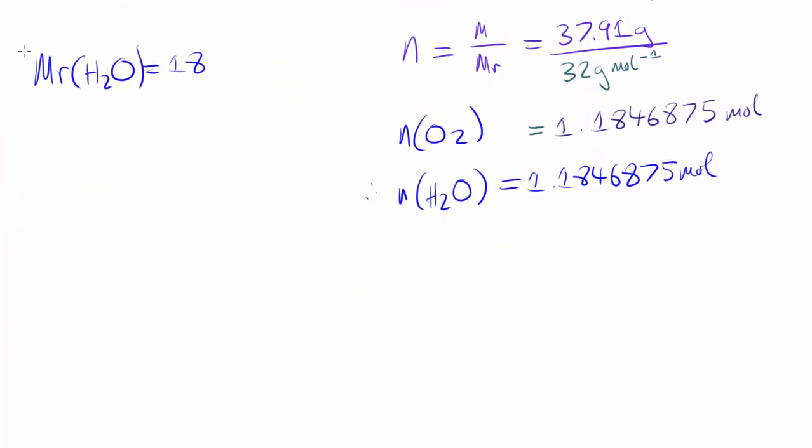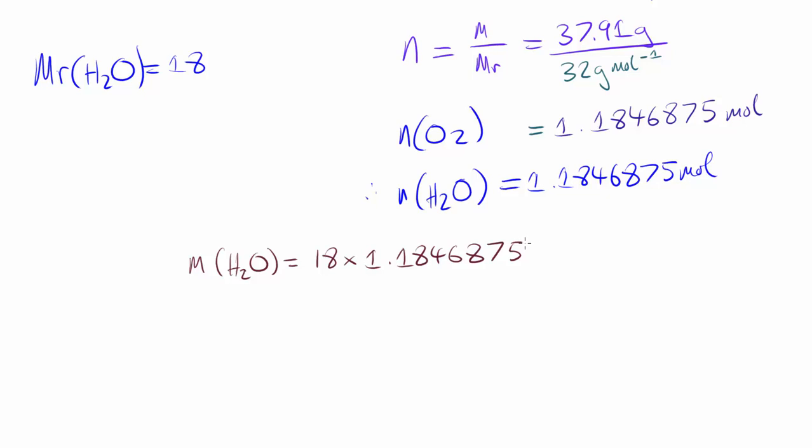So therefore, we can say the mass of H2O is equal to 18 multiplied by 1.1846875.